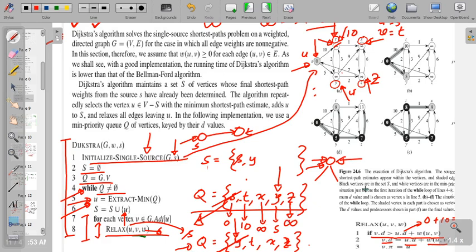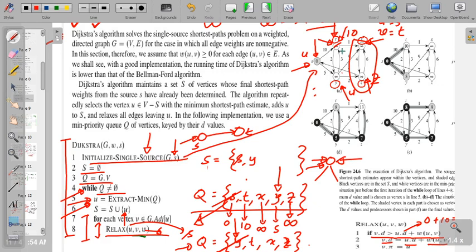Always I am taking the minimum cost vertex from the source. And this is greedy because I haven't seen the other networks.